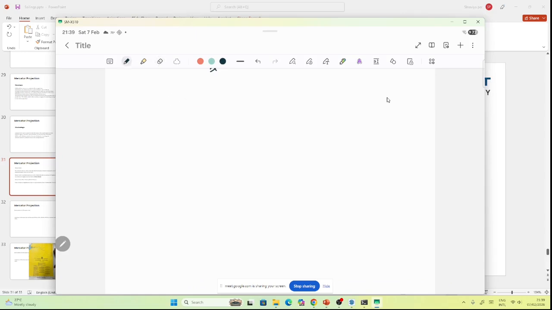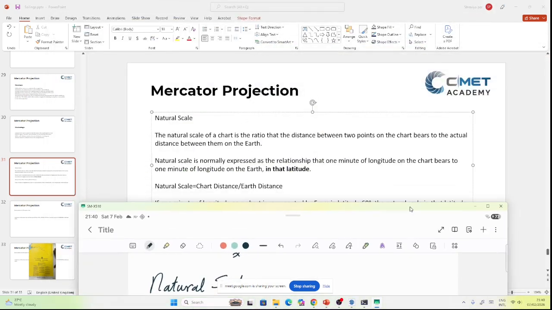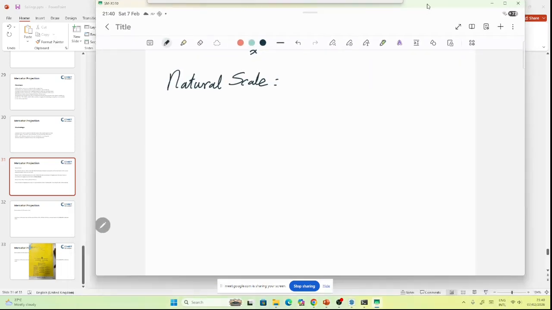Okay, now natural scale means what? Okay, the natural scale is chart distance divided by earth distance.